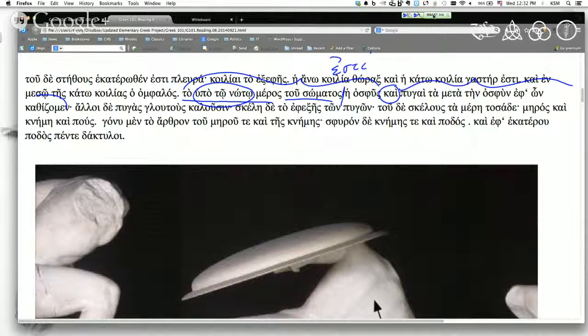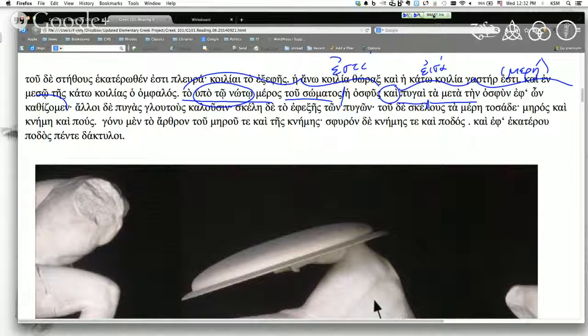Kai, and pugai. Ta understood mere, the parts.